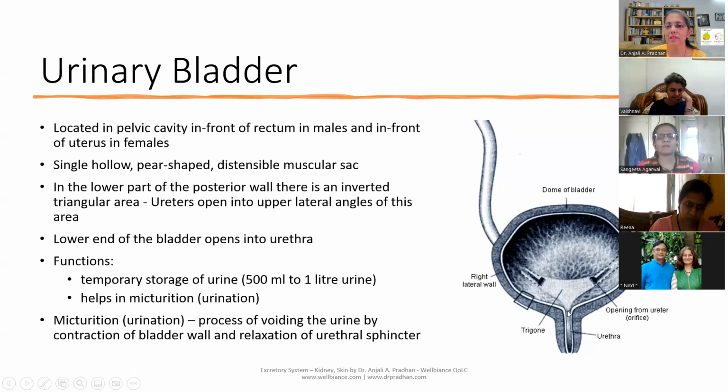So this sphincter is under control of parasympathetic nerve. So it is not under control of our will. So it is involuntary. Now you know parasympathetic and sympathetic. Correct? Parasympathetic nerves are not under control of will.